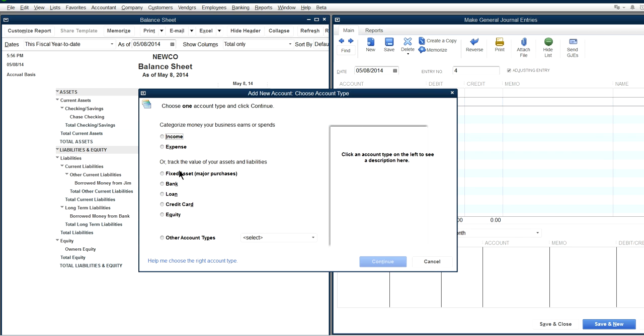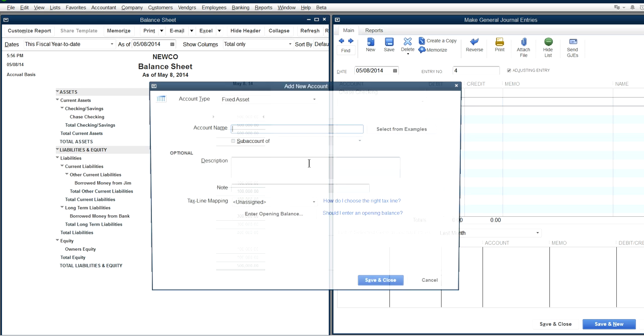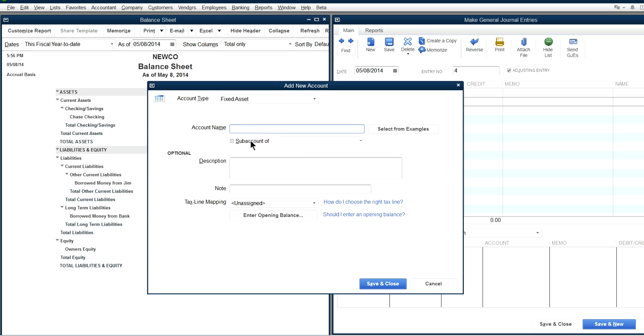So add new, and it's a fixed asset. This is your major purchase. This one will have a useful life of more than 1 year. So that's your fixed asset. Let's say you bought equipment to run your business.